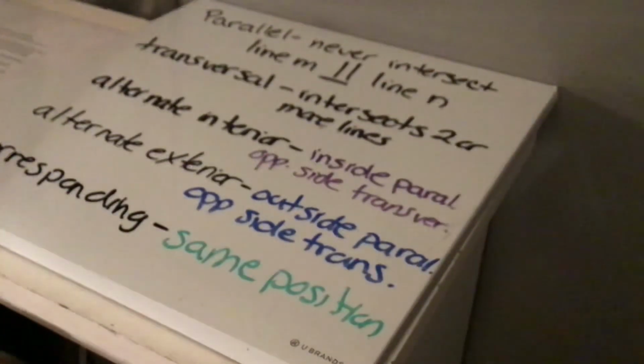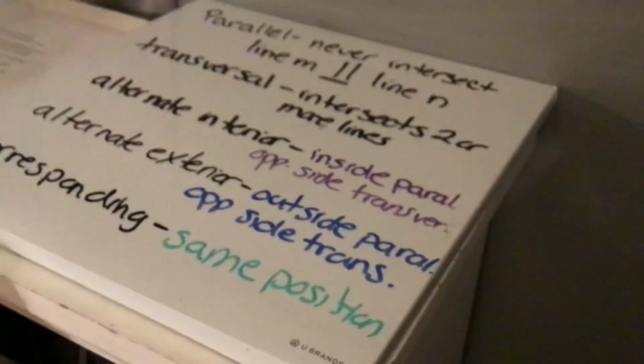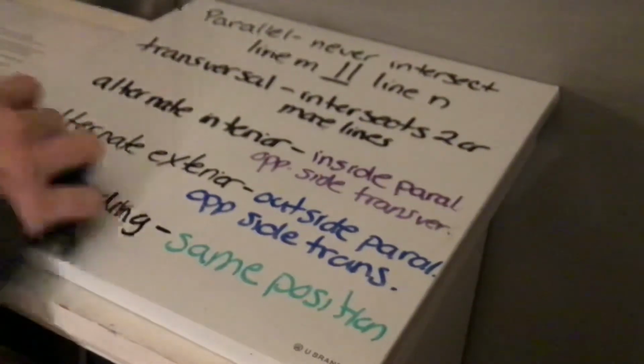If they're corresponding, they have the same measure. Okay? Vertical means they have the same measurement also, and supplementary means you add up to 180, right? Complementary is 90. So those we learned before 11.4.